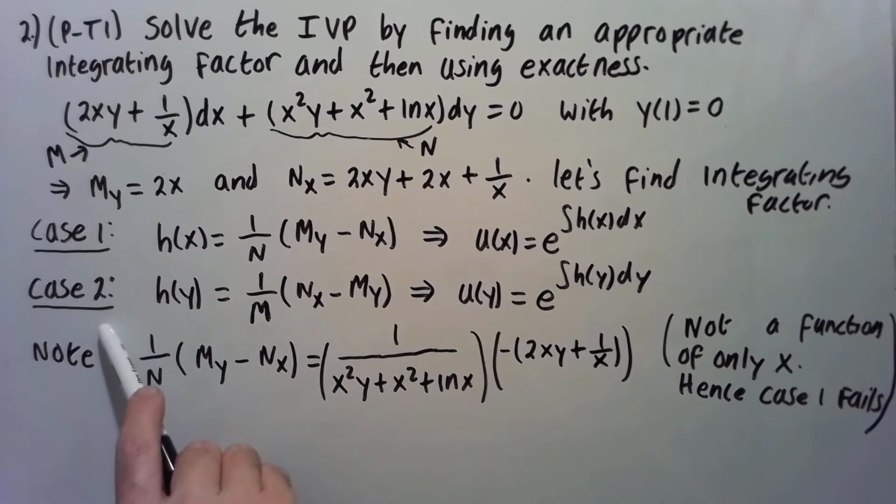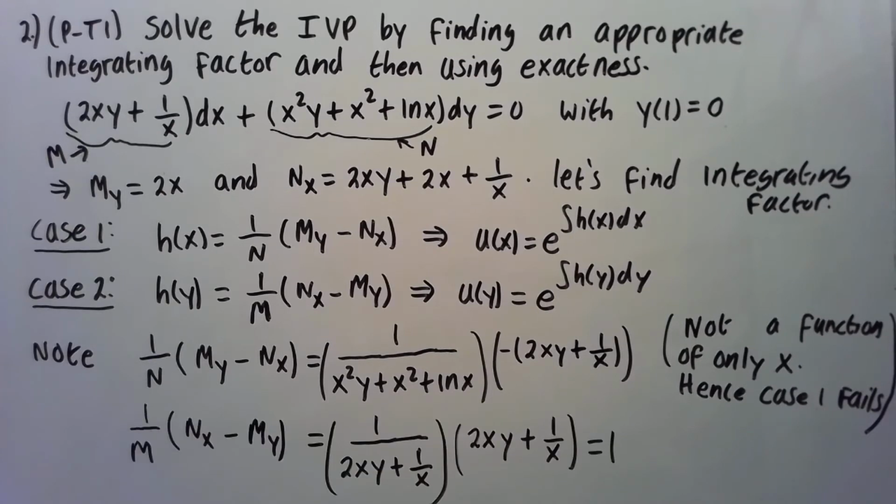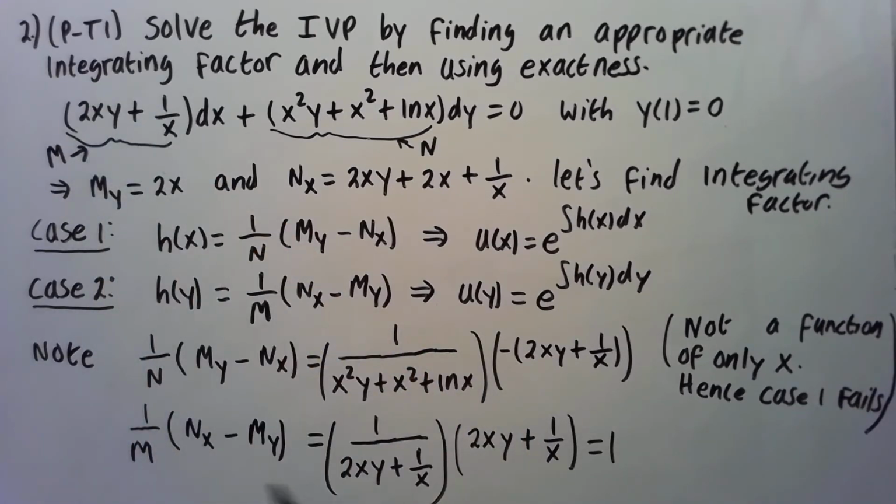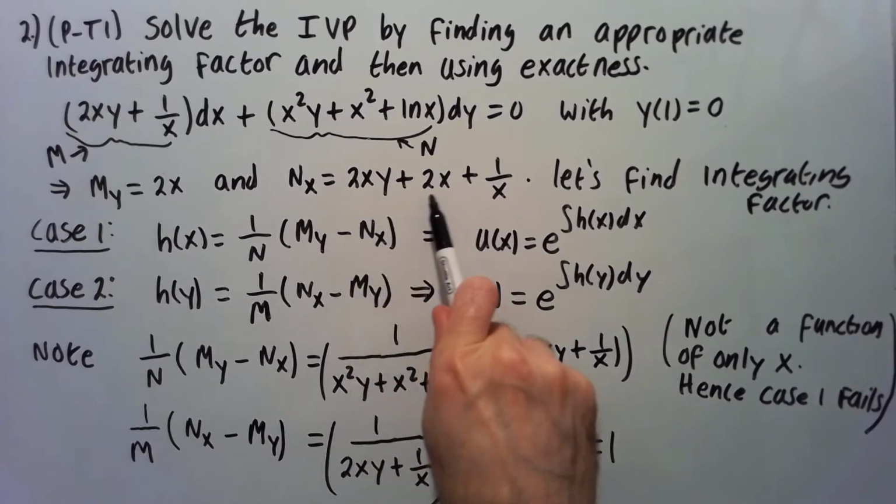Let's try case 2 next. Okay, so let's compute the 1/M guy. So 1/M times (Nx − My), where M is 2xy + 1/x, so 1 over that. Then Nx − My will be 2xy + 2x + 1/x minus this. The 2x's will cancel.